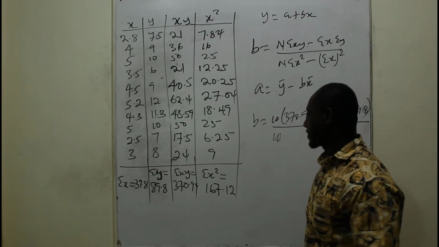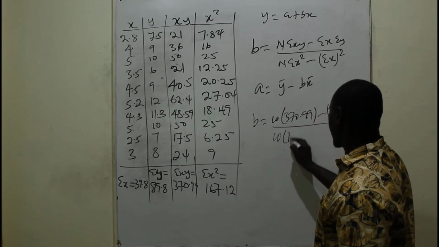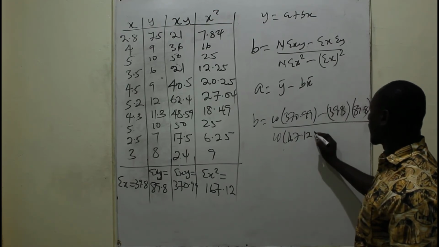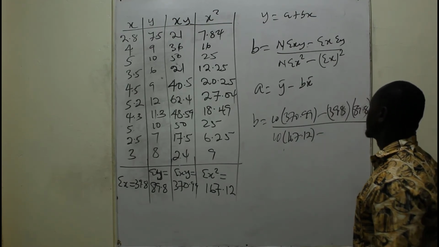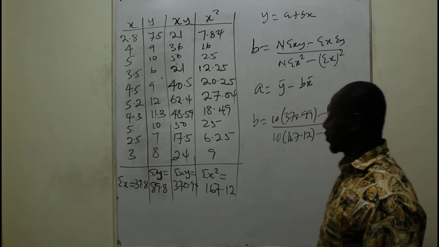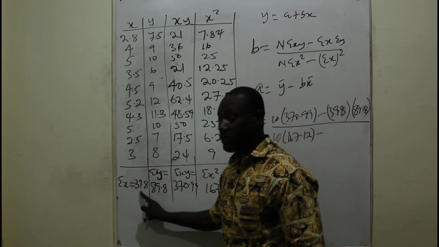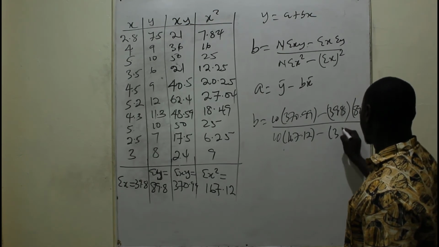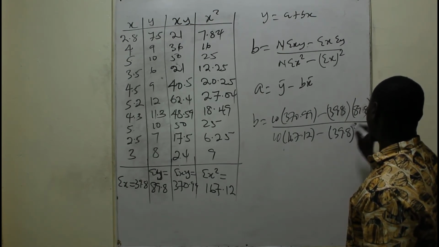What is summation of x squared? This one, 167.12, minus summation of x all squared. When we sum all these x, we got 39.8, so we are going to square that.